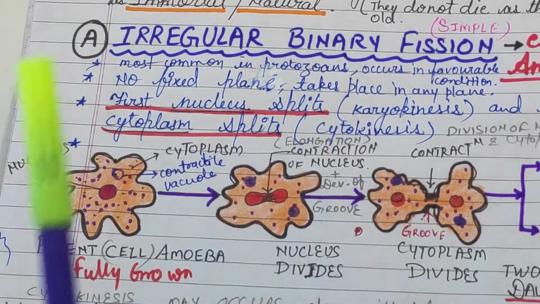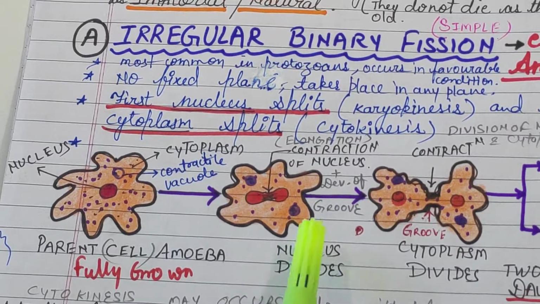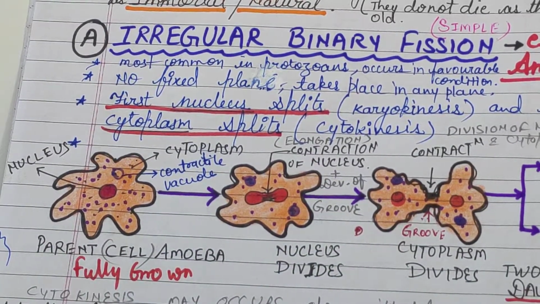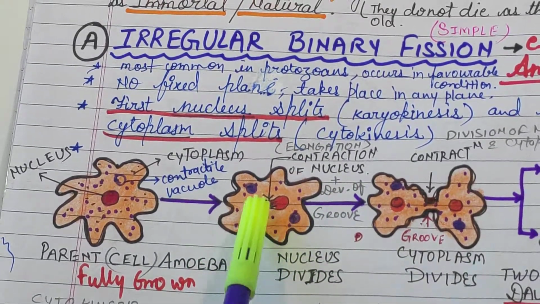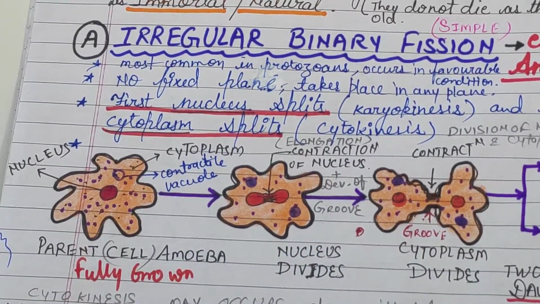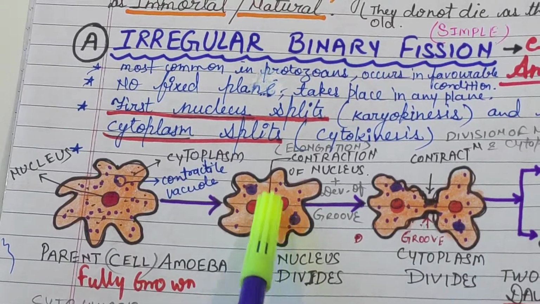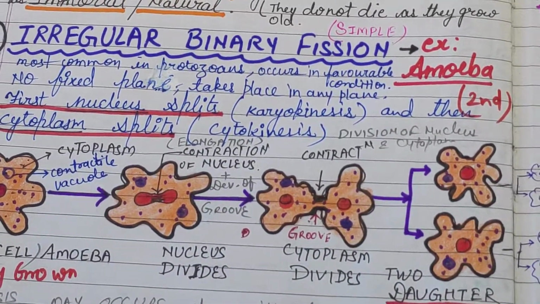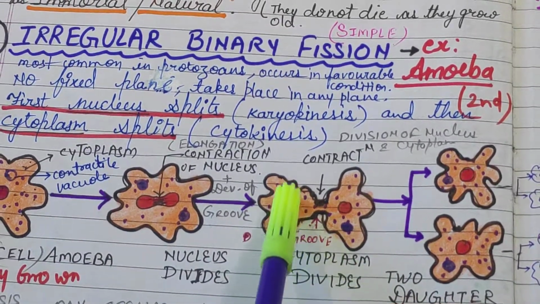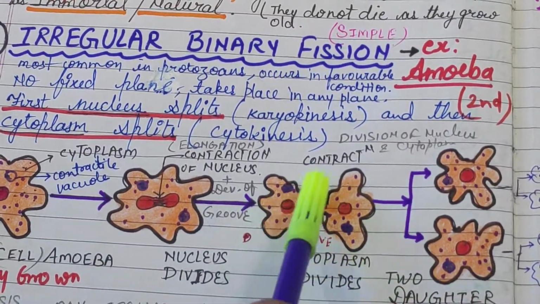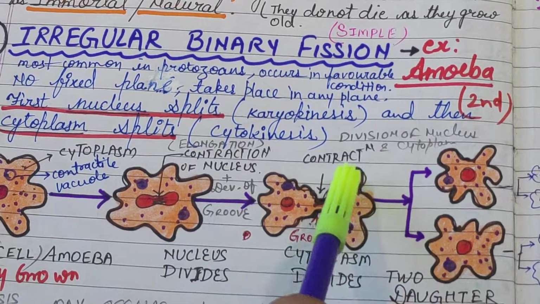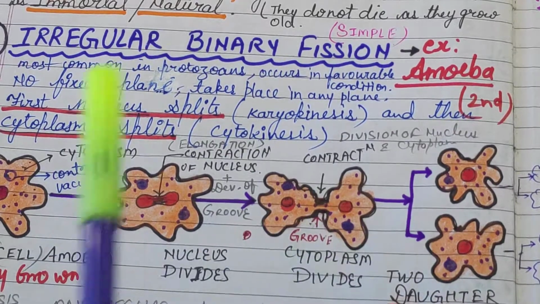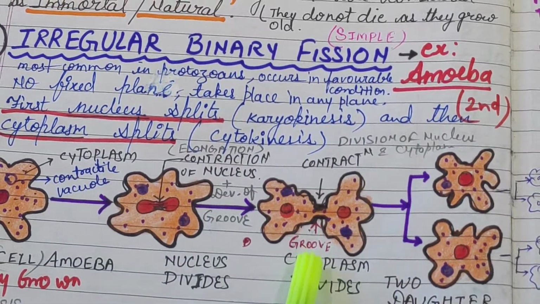That means elongation starts. Contraction of the nucleus takes place, with development of a groove in the middle of the nucleus, and gradually the cytoplasm splits into two daughter cells by contraction and making a groove also.